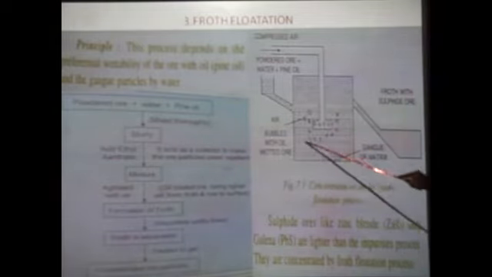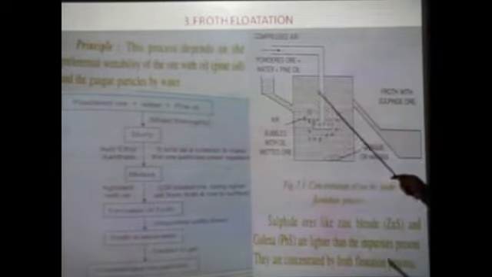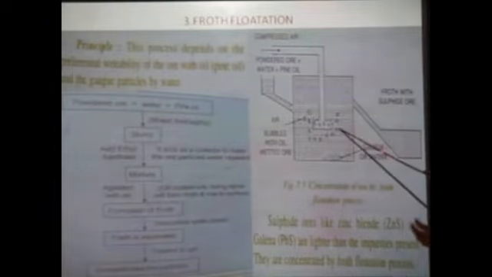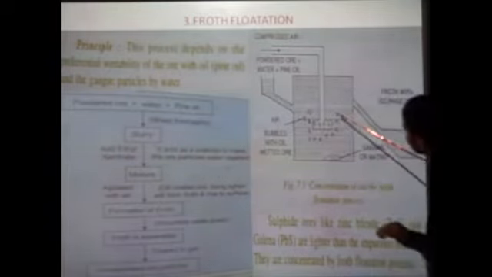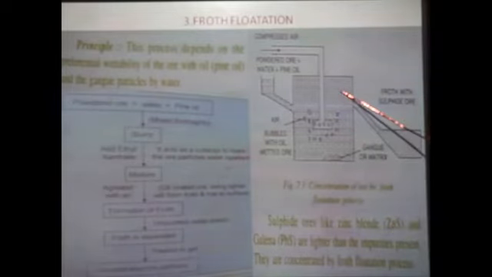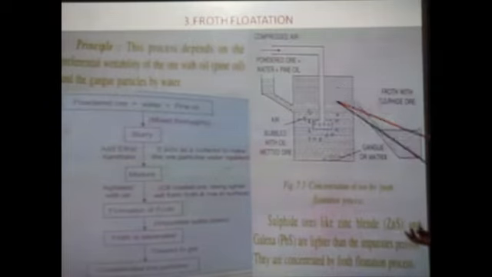So here air is passed, and since the oil makes the ore water repellent, the ore moves away in the form of froth. This is froth. And impurities will settle down because they are water loving.